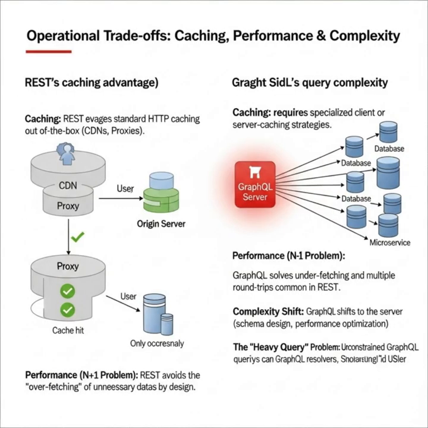Now, let's dive into the operational realities, because this is where architectural choices have real-world consequences. First, caching. REST is a natural fit for HTTP caching. Since GET /users/123 is a unique identifier for a resource, browsers, CDNs, and reverse proxies can cache that response aggressively, reducing server load.